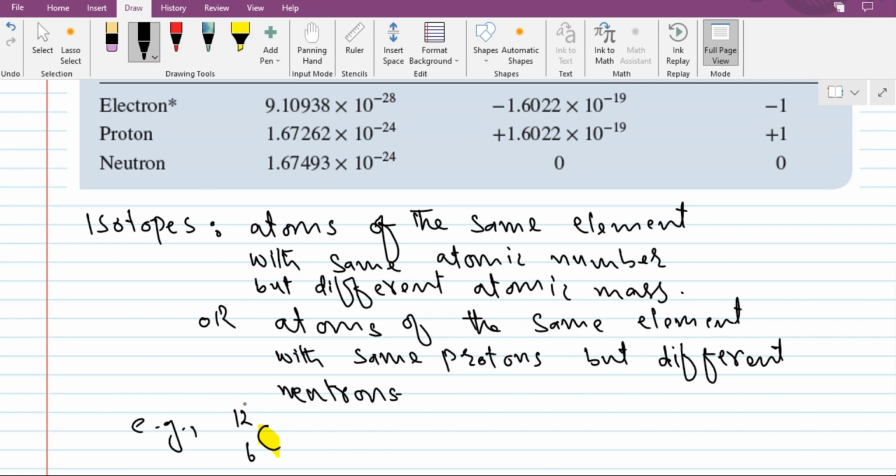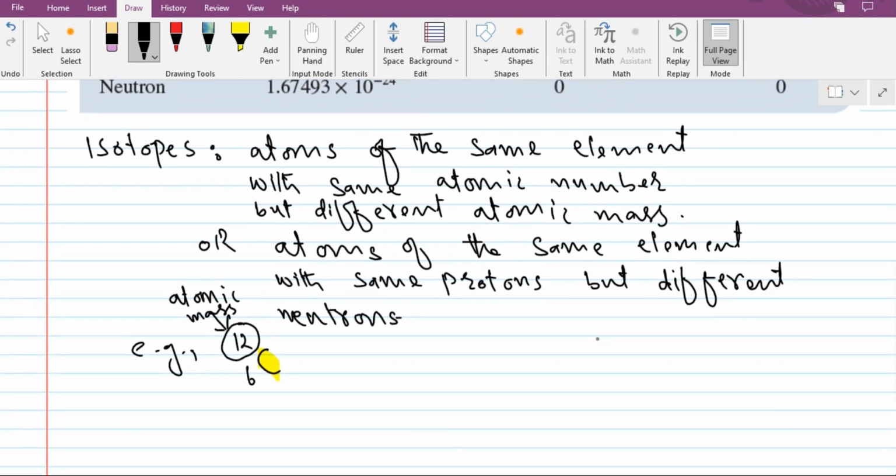The number which is bigger represents the atomic mass, whereas the smaller value in the representation of an element represents the atomic number, or protons.